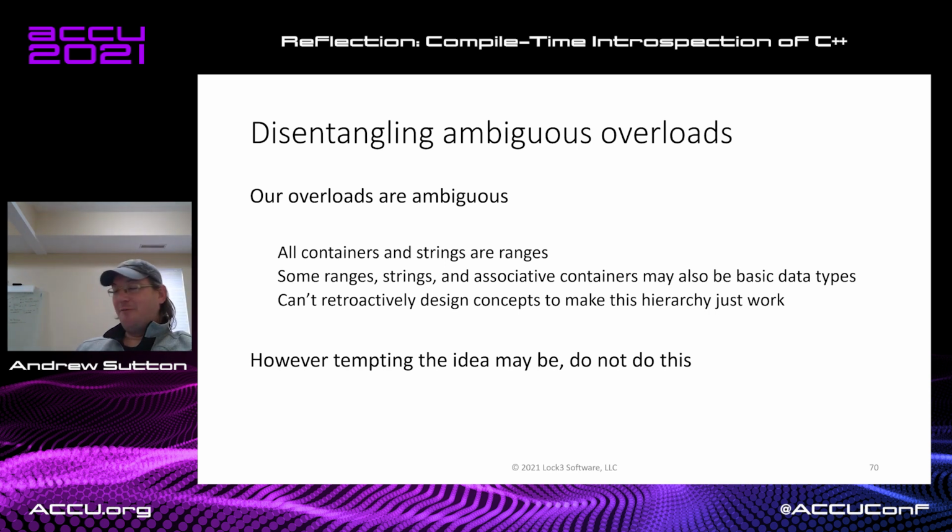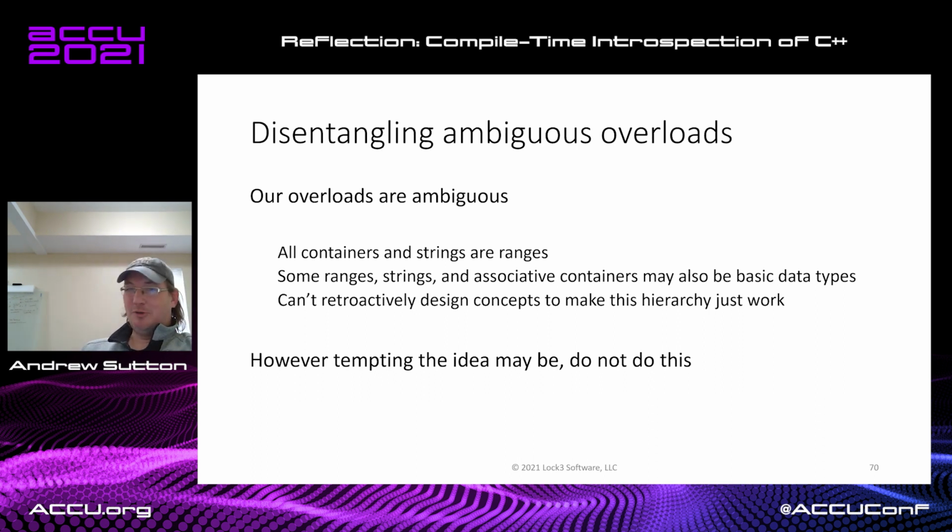Now, I've run into this problem a couple times before, and my gut reaction is to take a step back and go, I think I've designed my concepts incorrectly, but it turns out you haven't. Do not try to redesign your concepts to solve this particular problem, because you're going to optimize your concept hierarchy for this instance of the problem, but it's not going to work for the next instance of the problem down the road. Your concepts are correct, they just overlap.